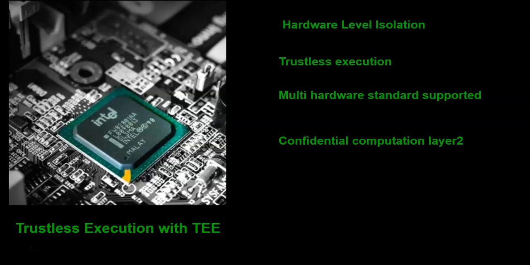So you can call them a fortress inside your CPU. Even if the hacker gets hold of the software or the hardware, you can rest assured that the program inside that trusted execution environment will execute. So you can say that the hacker cannot hack the trusted execution environment.